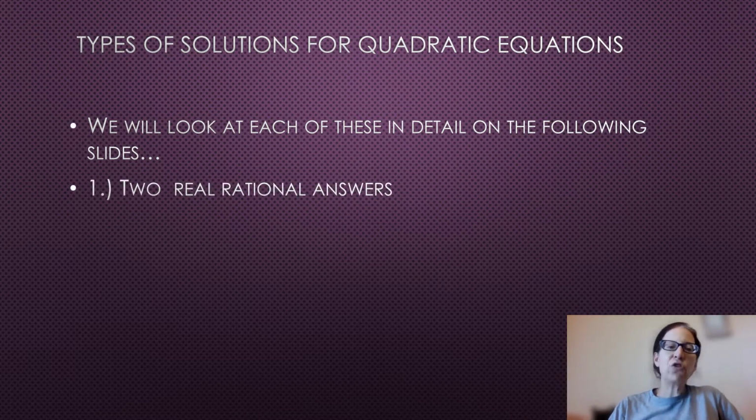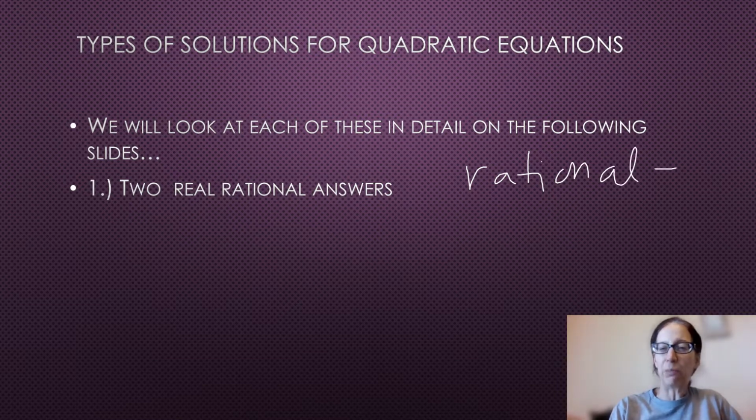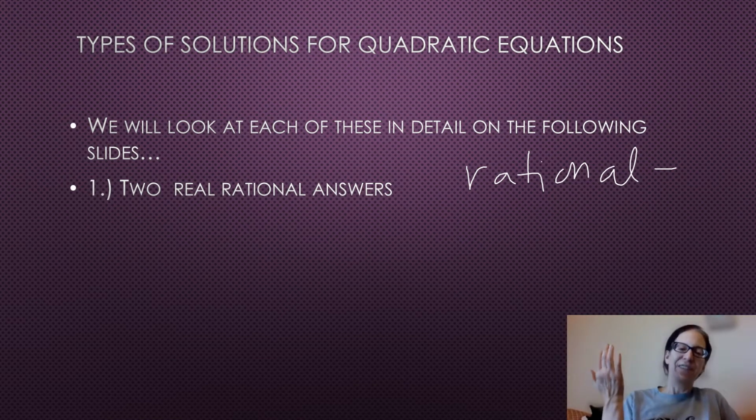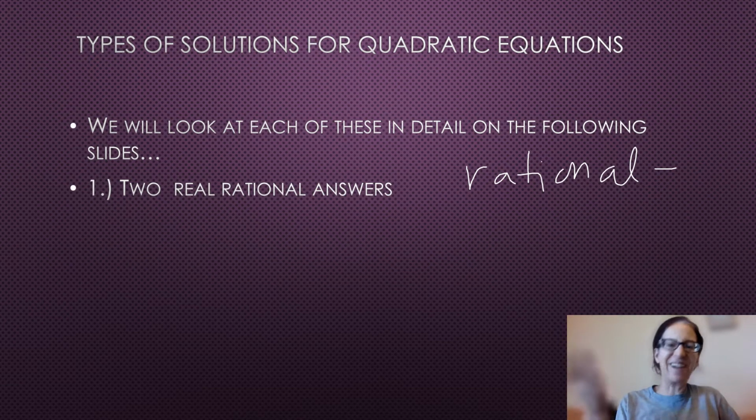So you could have two real rational answers. Before we jump too far ahead, I do want to talk about what the word rational means, so that those notes will help you. Two real rational answers, great.